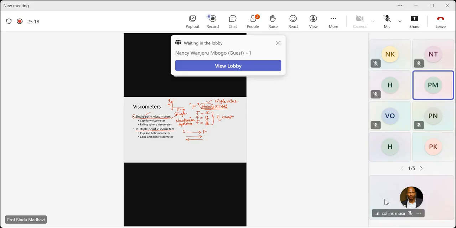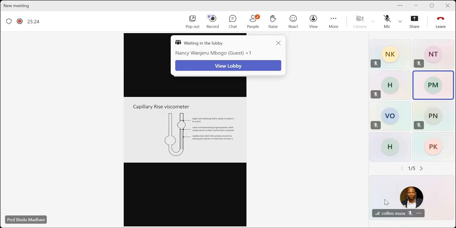So we are going to look at two different types of single point viscometers and two different types of multiple point viscometers. In single point viscometers, the first one is the capillary viscometer. You can see the capillary viscometer.